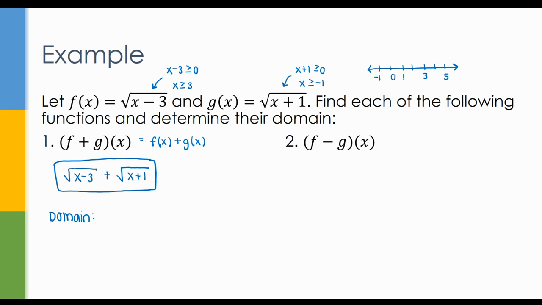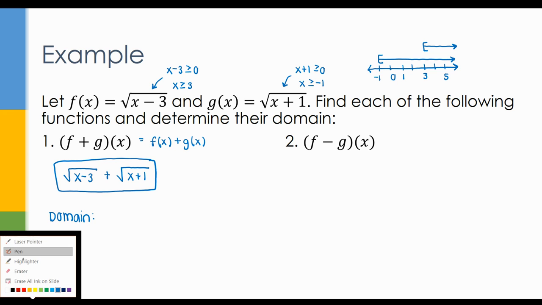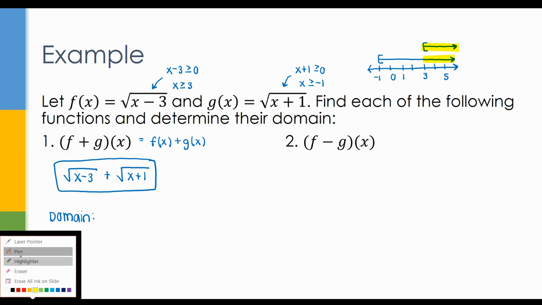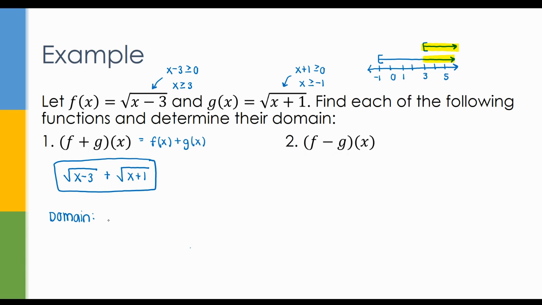Okay, so if I think about 3, it can be including 3 or anything greater. If I think about negative 1, it can include it or be anything greater, but I want the intersection. So I want where are they overlapping? Well, notice that they overlap starting at 3. And so that is going to be my domain.